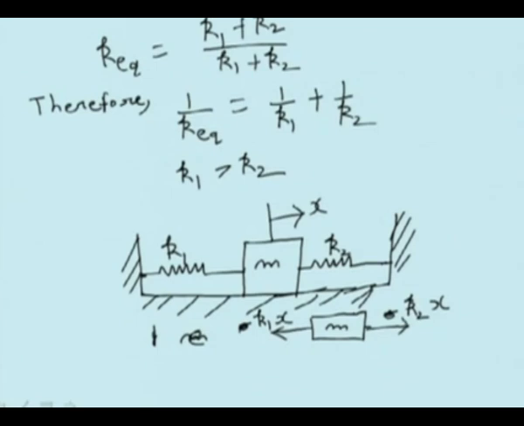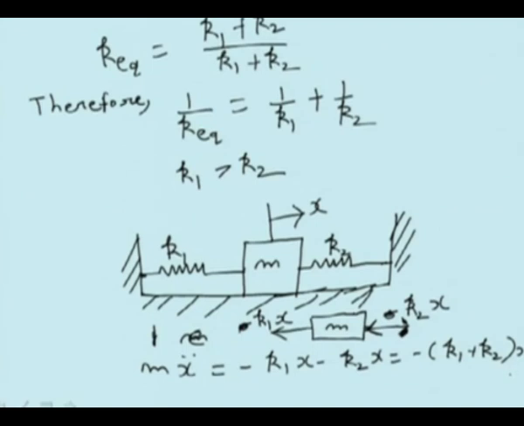This gets compressed, so it puts an opposite force. So when we consider the force on the mass, m x double dot is equal to minus k1 x minus k2 x, that means minus (k1 plus k2) x. So equivalent stiffness is k1 plus k2.